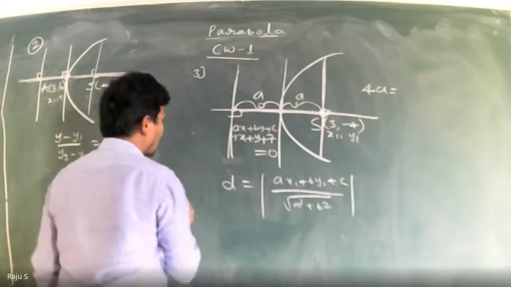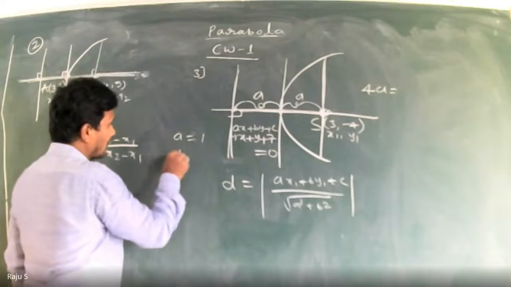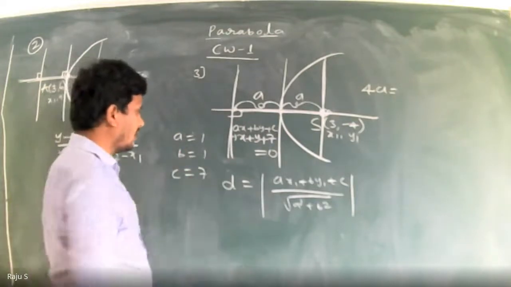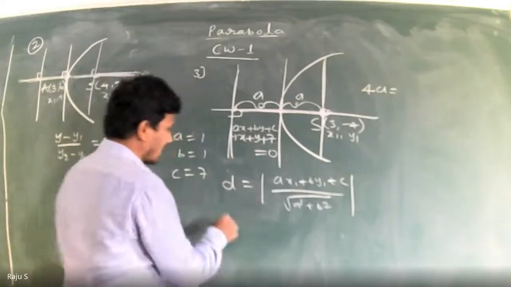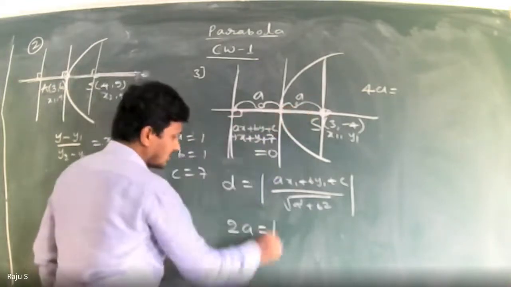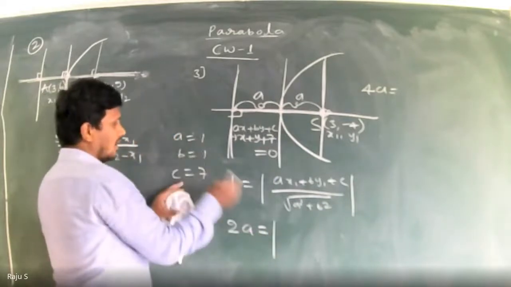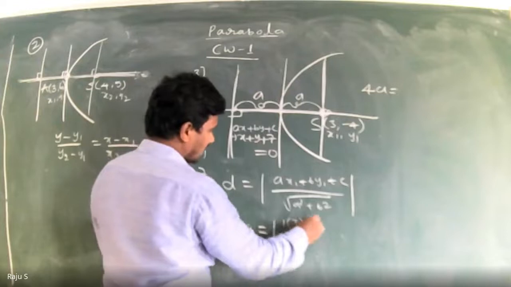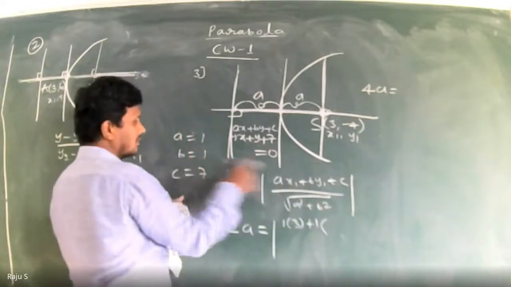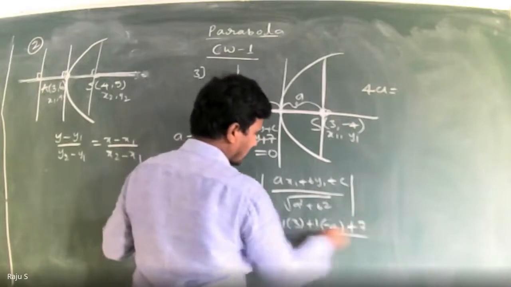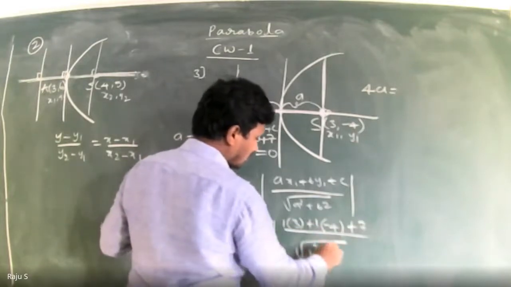So a value is 1, b value is 1, c value is 7. Substitute here. The length is always equal to 2a. So 2a is equal to 1 into 3 plus 1 into minus 4 plus 7 by root over 1 square plus 1 square.